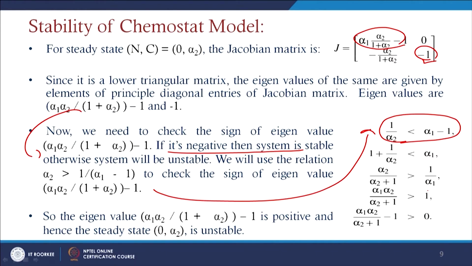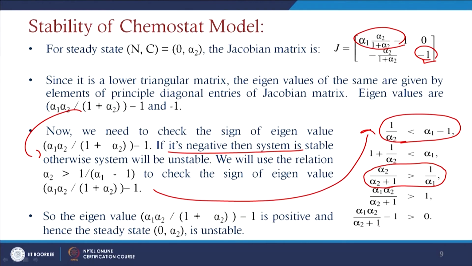Again, taking the fractions, we can write alpha 2 by alpha 2 plus 1 is greater than 1 by alpha 1. Again, we multiply by alpha 1 on both sides, and then we can write alpha 1 alpha 2 by alpha 2 plus 1 is greater than 1.